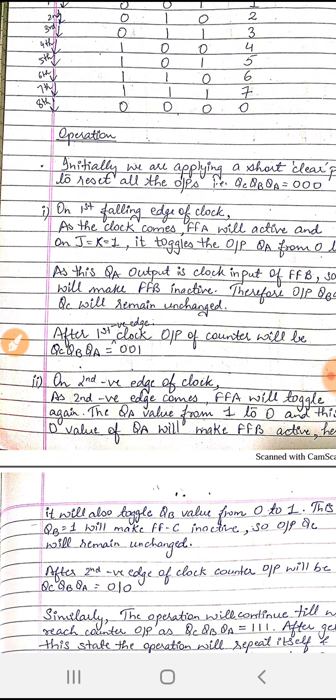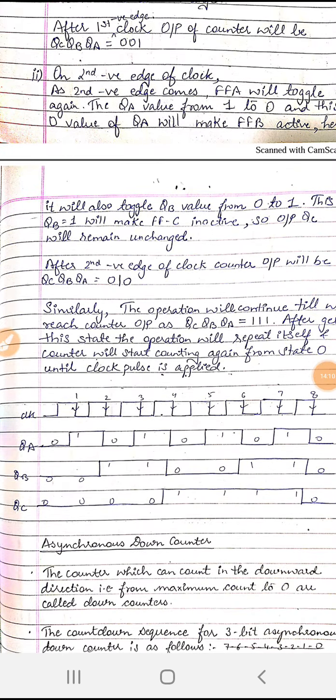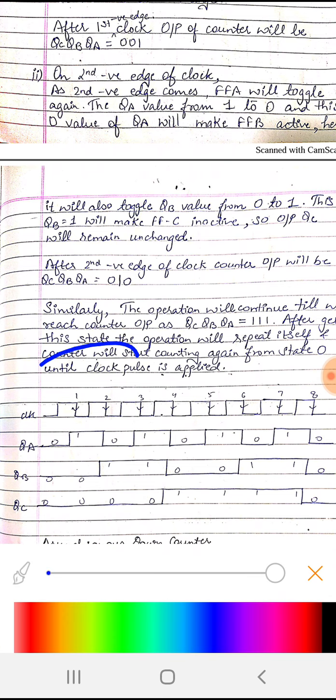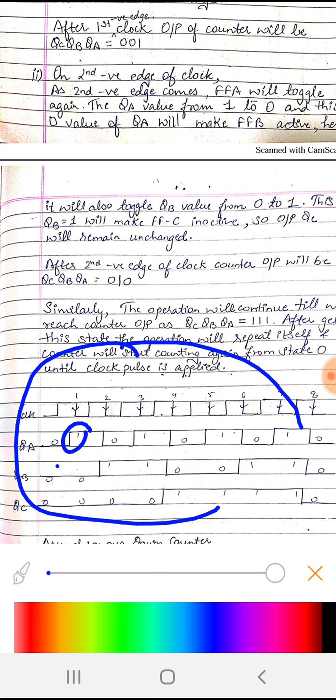Next, this is the timing diagram. You can easily make it. At the first falling edge, QA becomes 1 and all the subsequent flip-flops remain 0.